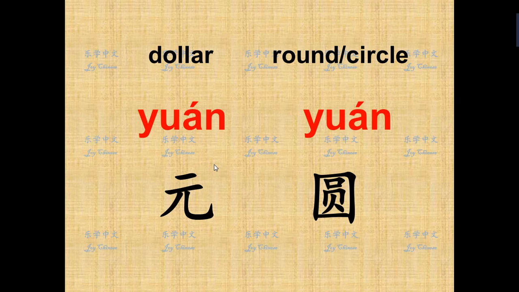Compared with US dollar, we call in Chinese 美元, it's American dollar. So both these characters have this meaning. Also, the second character has another meaning, round or circle. You see the structure of this character actually has a circle. Yuan.